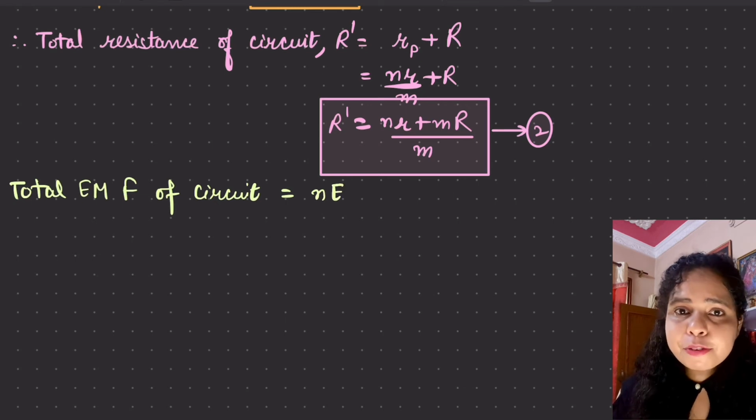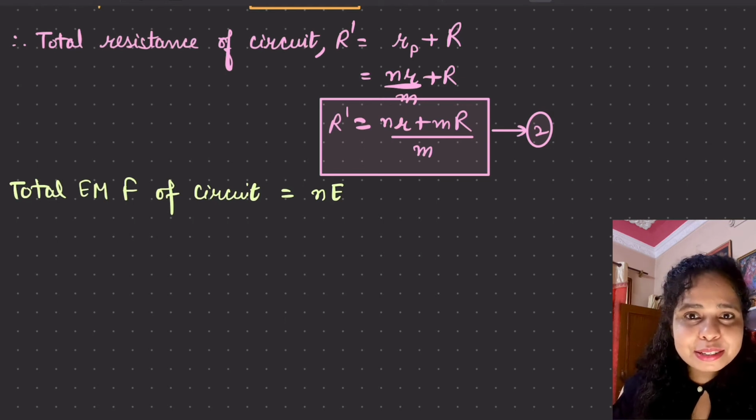So the total EMF of the first row is equal to E plus E plus E plus, and so on up to n terms, that is, it is equal to nE. Similarly, the EMF of the second row, I know you are able to guess, is going to be equal to nE. And then the EMF of the third row is again nE, and so on. We have m number of rows, and the EMF of the mth row is also going to be nE.